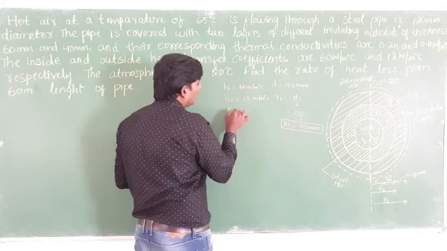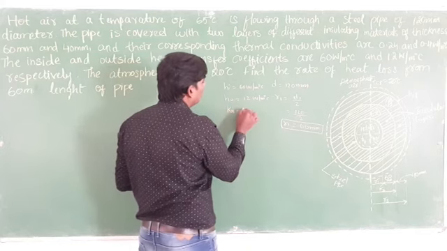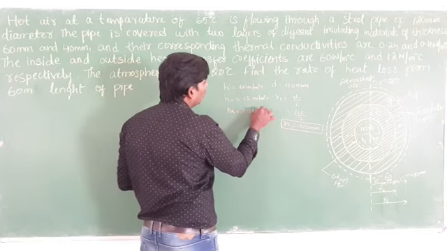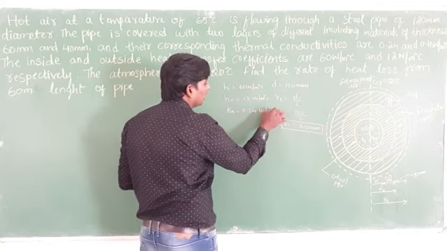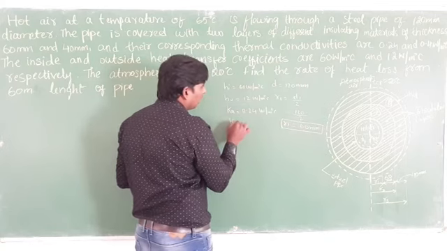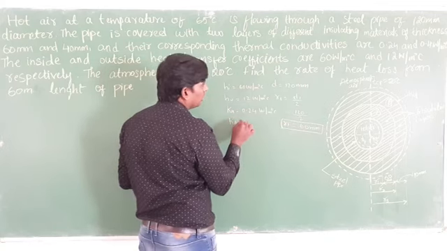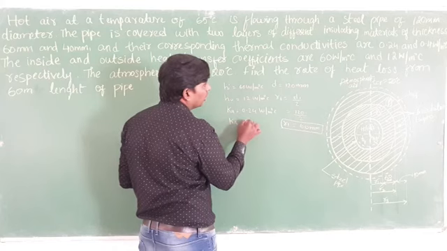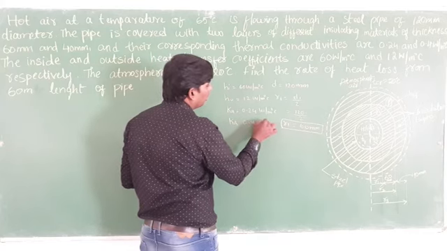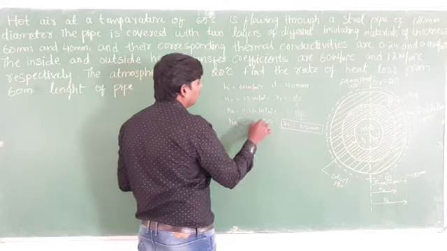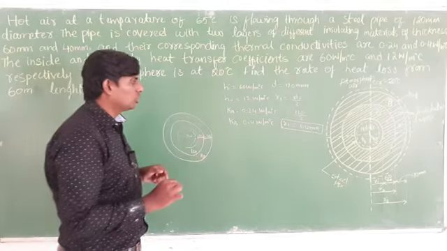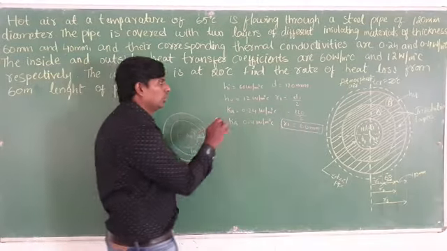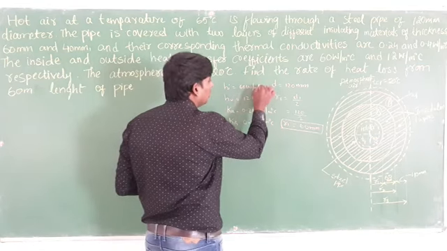Ka you have to take as 0.24 watt per meter degree centigrade and Kb is given as 0.4 watt per meter degree centigrade. Hi, Ho, Ka, Kb. Here meter square will be there, the unit of this one is meter square.